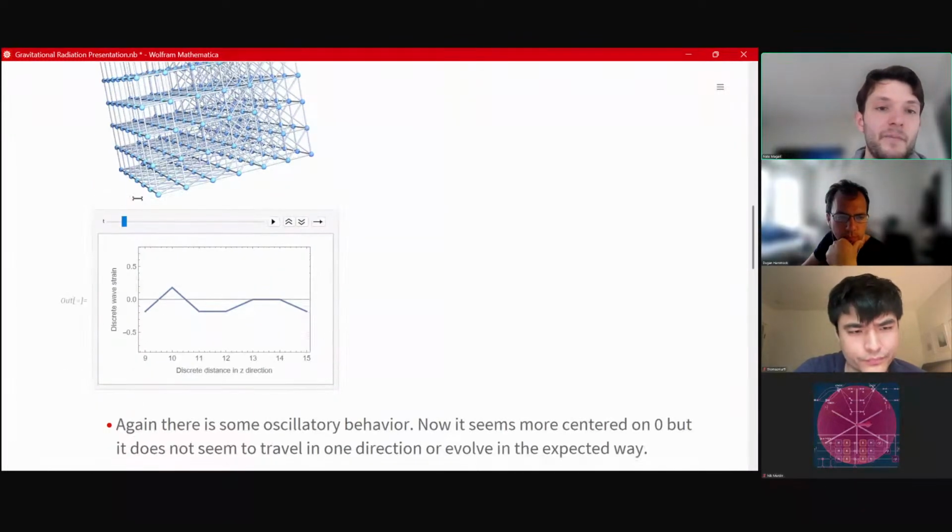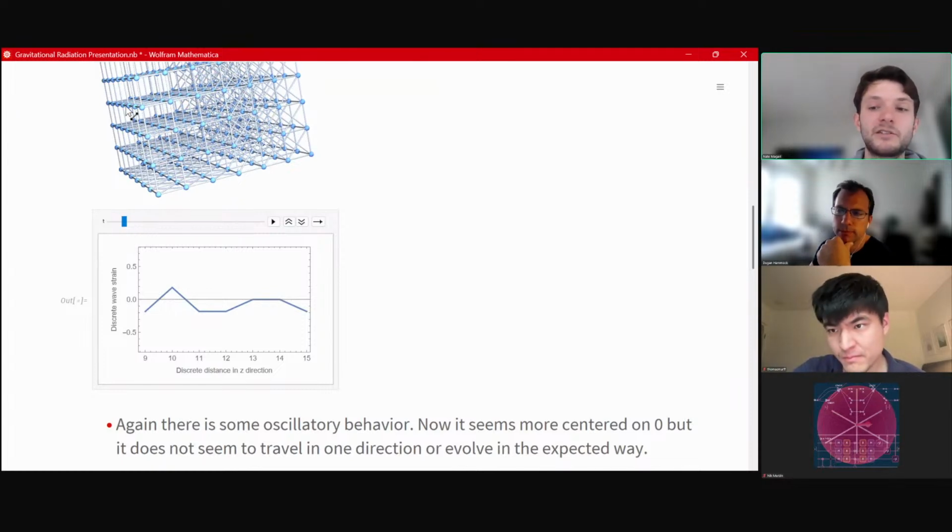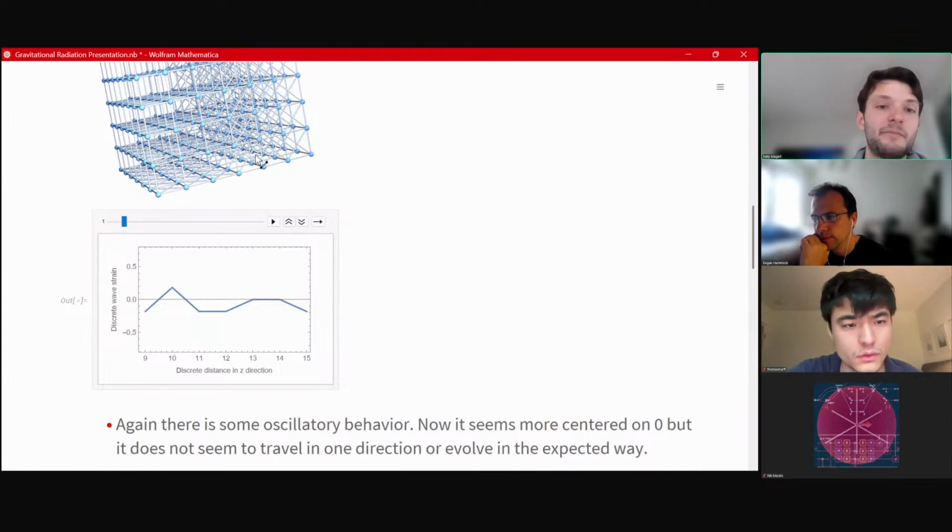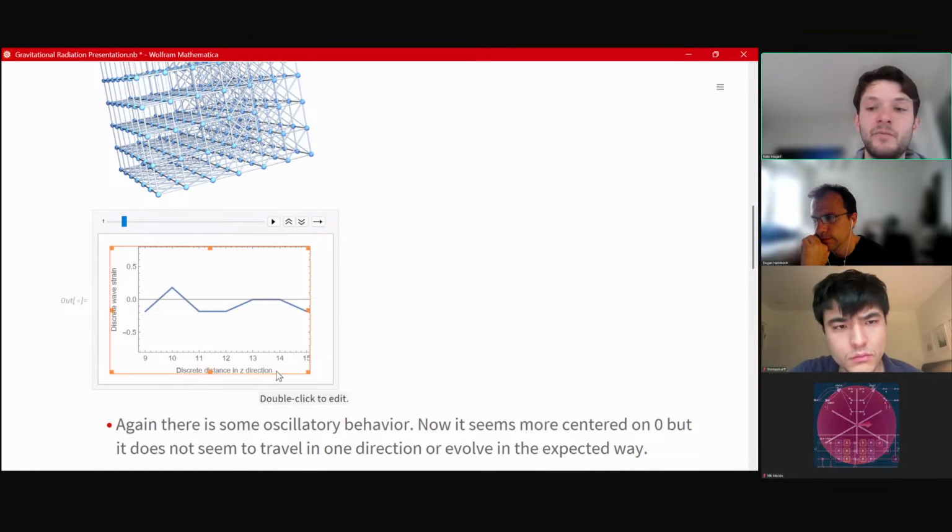And here, because I was interested in how the wave strain evolved not only in time, but also over the spatial extent of this graph, I basically set up, using that same interferometer concept, one interferometer at every single z position, and this was the direction that I expected the wave to propagate along.